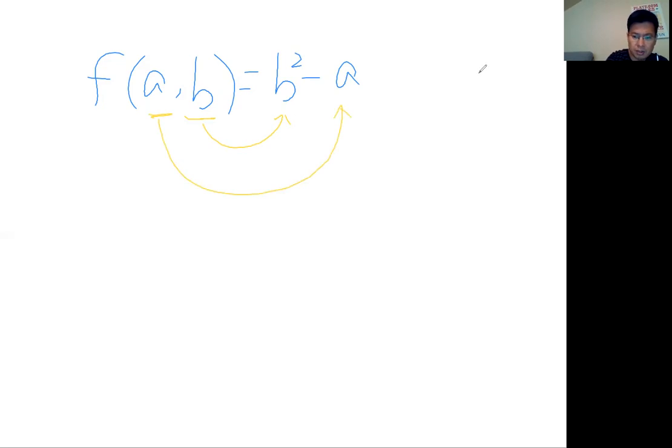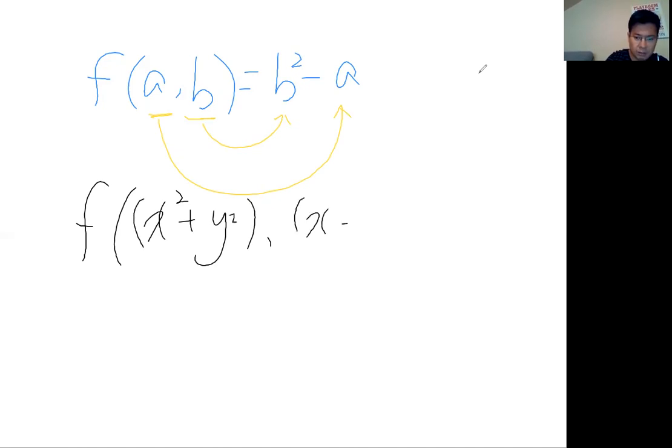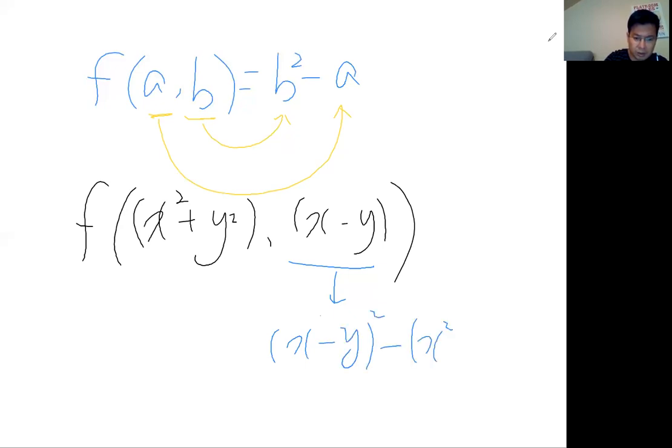So going back to the question here, f of x plus y comma x minus y. As we see from the given condition, the second one you square it, then minus the first one.